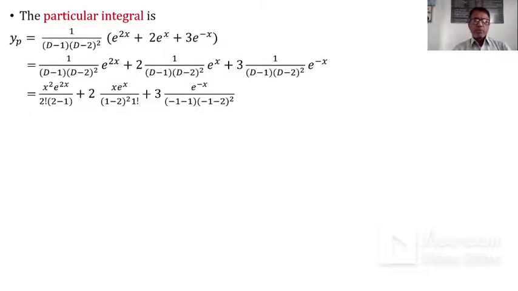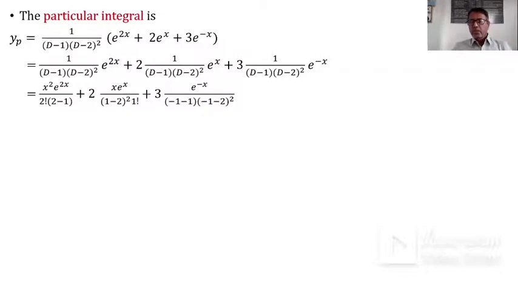Now we want to simplify this. 2 factorial is 2 into 1, which is 2. 2 minus 1 is 1. Means here in the first term the denominator is 2. For the second, (1 minus 2) square is (minus 1) square, which is plus 1. 1 factorial is 1. 1 into 1 is 1. Therefore, there is no denominator in the second term. We get 2x e^x.